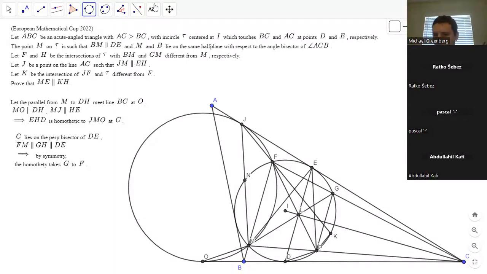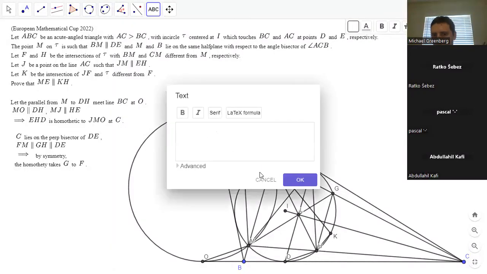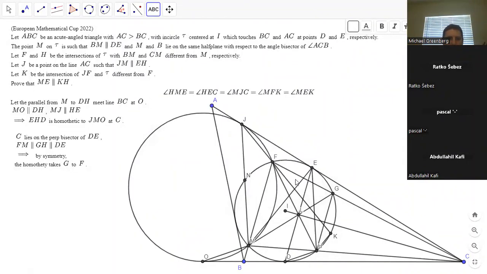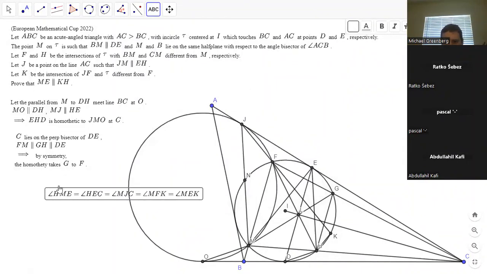Right. We have angle HME is angle HEC, which is angle MJC, which is, that should do it.